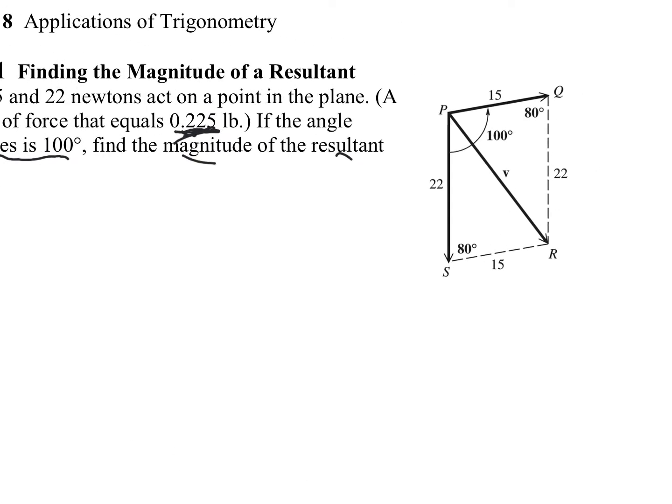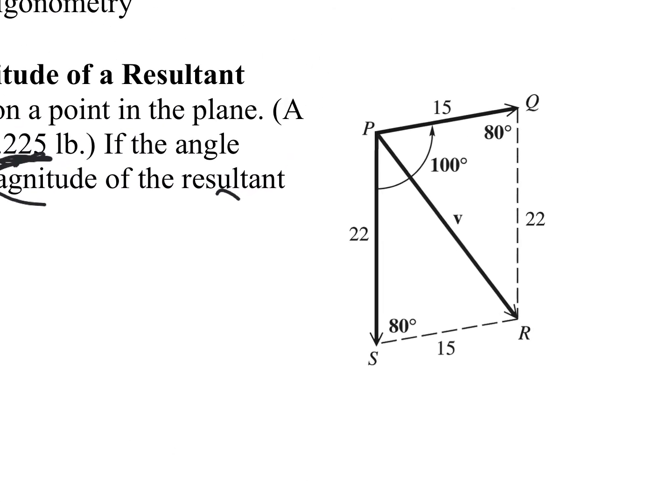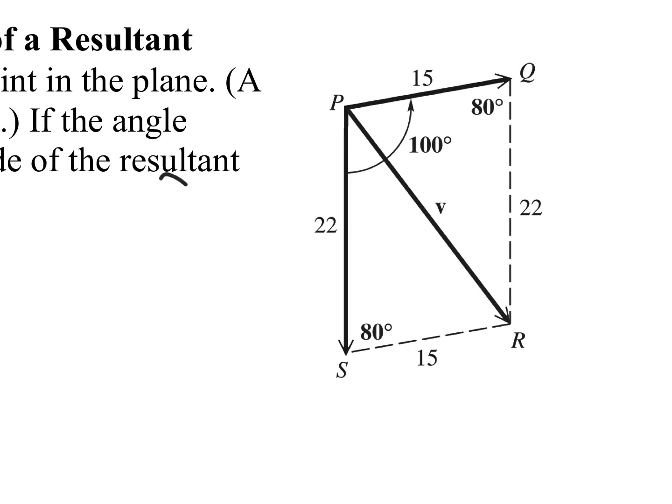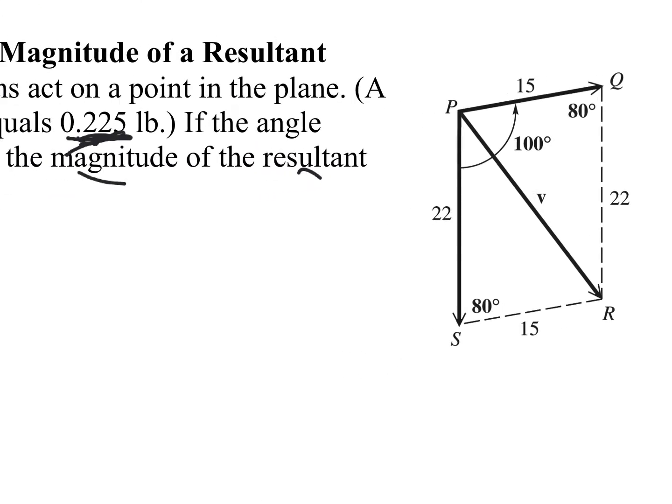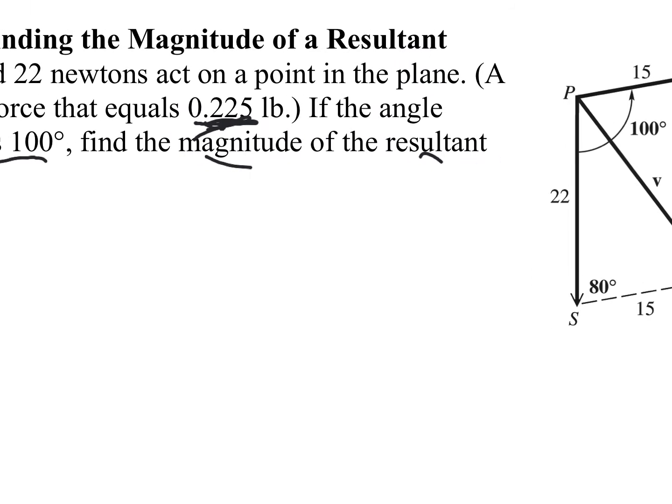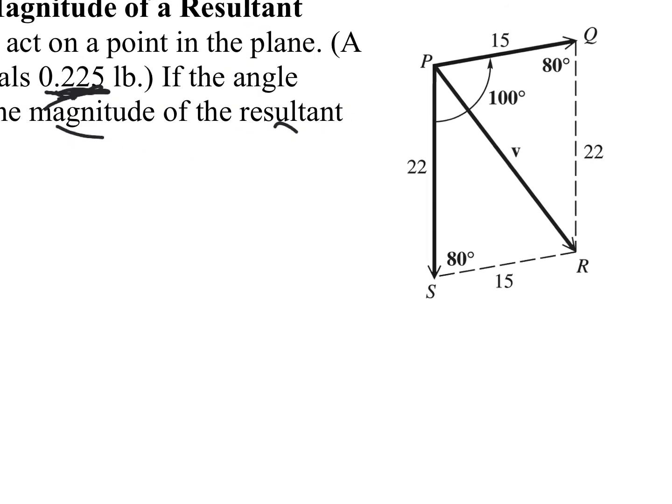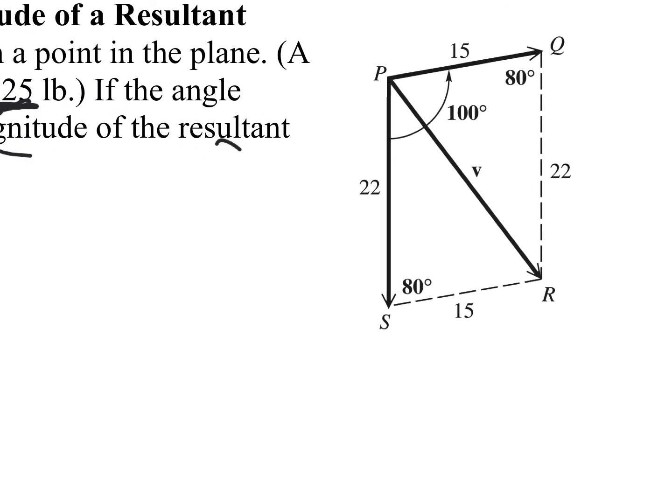So let's look at this picture. It said that the forces were acting on a point. So what point did he mention? Didn't mention. Okay. So let's see. We've got a point PQ and a point PS. PS is the 22 Newton force, and PQ is a 15 Newton.